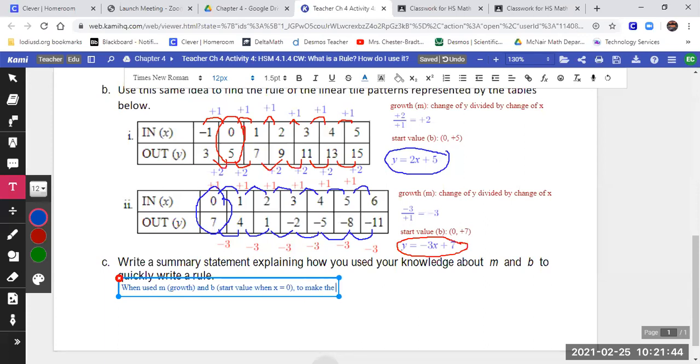To make the equation, what's another name for an equation in this situation? Rule. In the form y equals mx plus b. That was it. Okay, so now we have a new way of saying it, but it's the same thing we've been saying all along. Find the growth, find the start value.